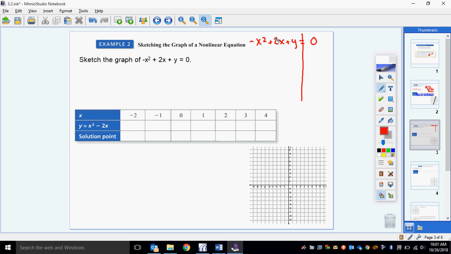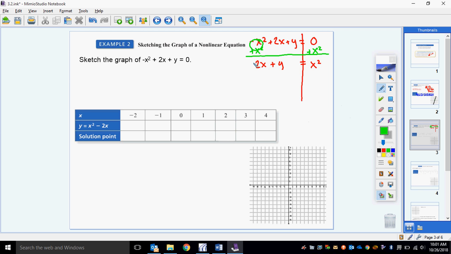A negative x squared and a 2x. So let's move the negative x squared over by adding x squared. Those would zero out. Drop down your 2x plus y. 0 plus x squared is just x squared.